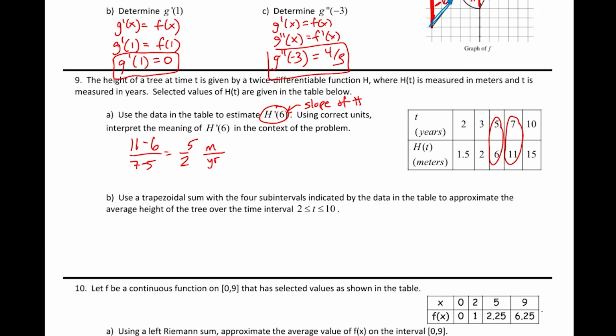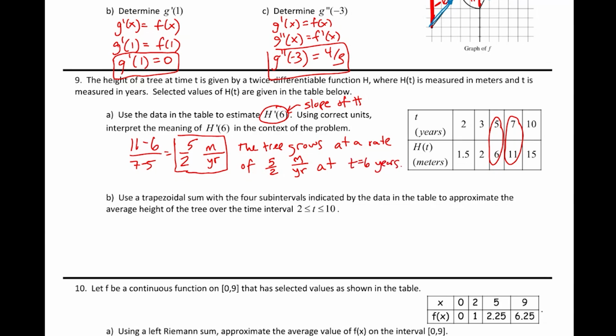Now it also says interpret the meaning of that in the context of the problem. So here's our answer. Basically, we have an answer, setup, units, and now we have the interpretation, which is that the tree grows, in other words, the height is increasing at a rate of 2.5 or 5 halves meters per year at t equals 6.